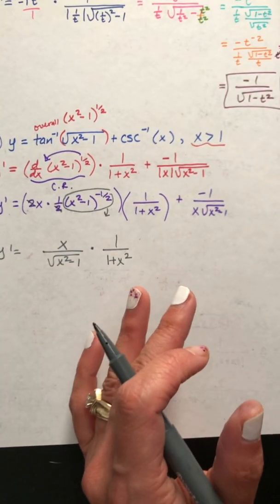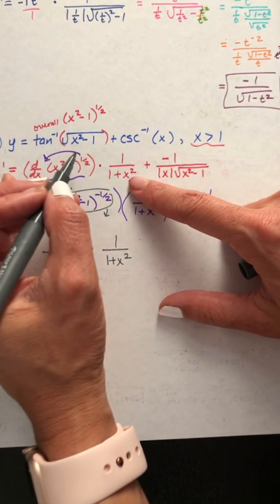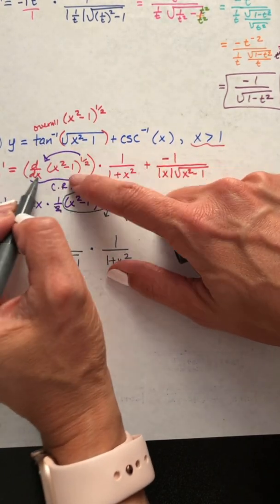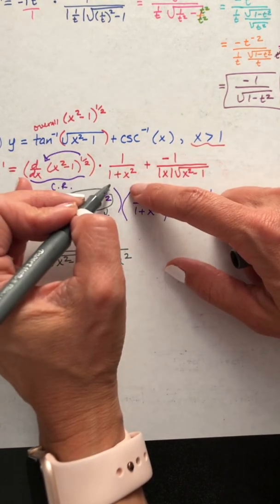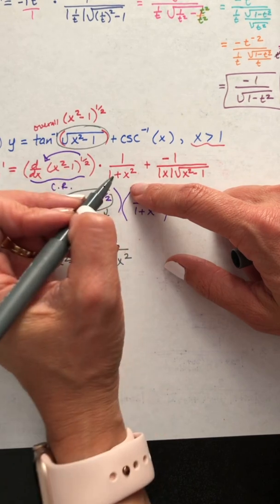All right, I had to pause for a second because I forgot something. I messed up, but it's fixable. When I did the derivative of the inside, I waited to do that. That was fine. The derivative overall was 1 over 1 plus x squared, but my x is this.